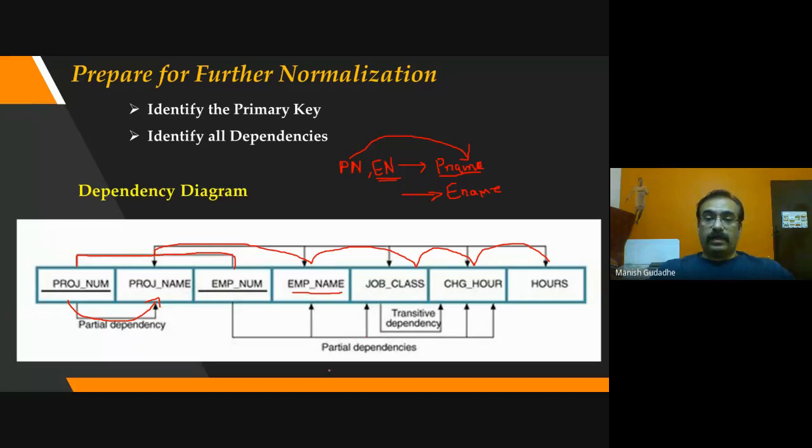Also, one thing we can add is a transitive dependency. It means if this employee is holding this position, then he will be able to charge this amount.